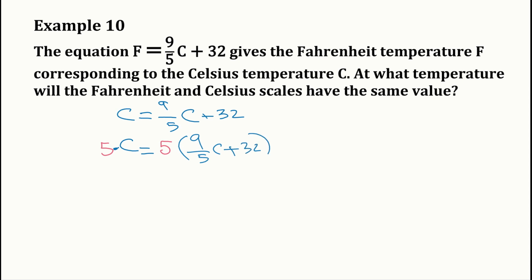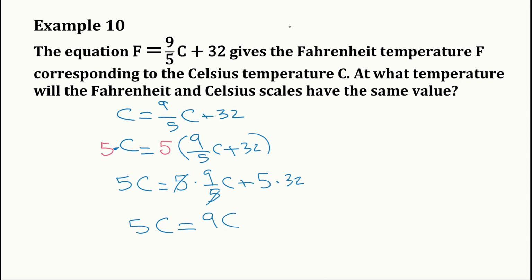So we end up with 5C equals, notice the 5 times 9/5 C plus 5 times 32. The 5's cancel out on that expression, so we end up with 5C equals 9C plus 5 times 30 is 150, 5 times 2 is 10, so 160.